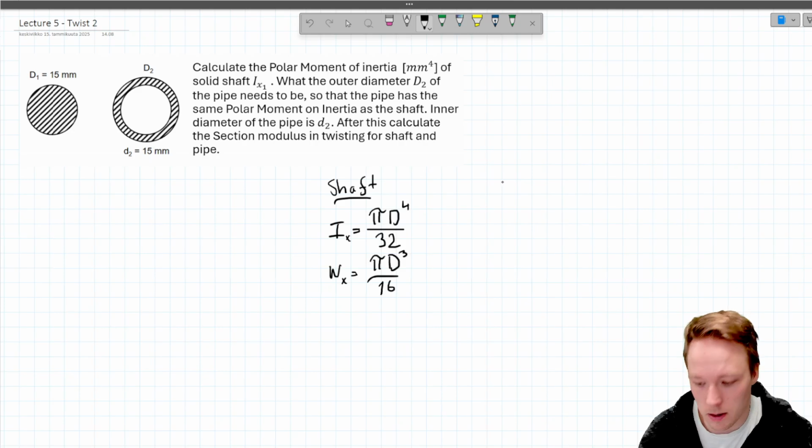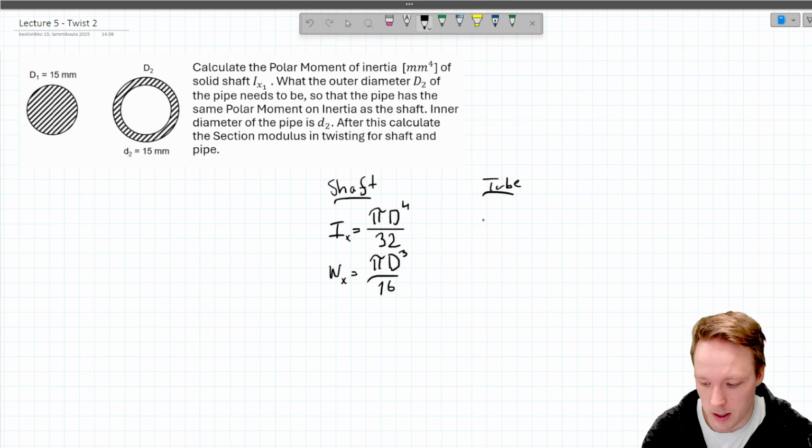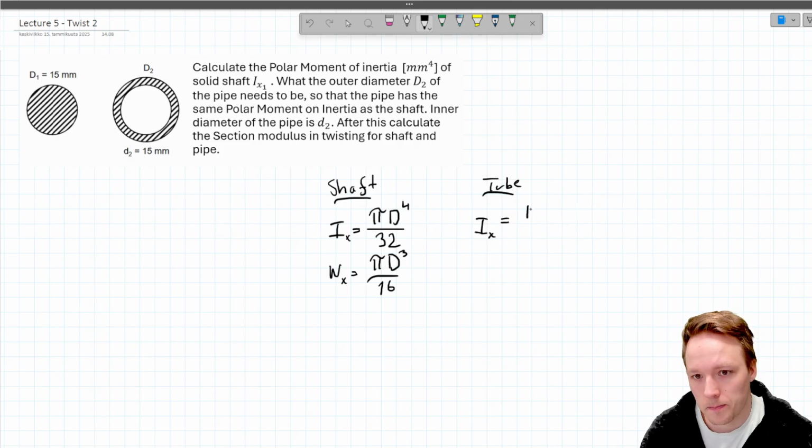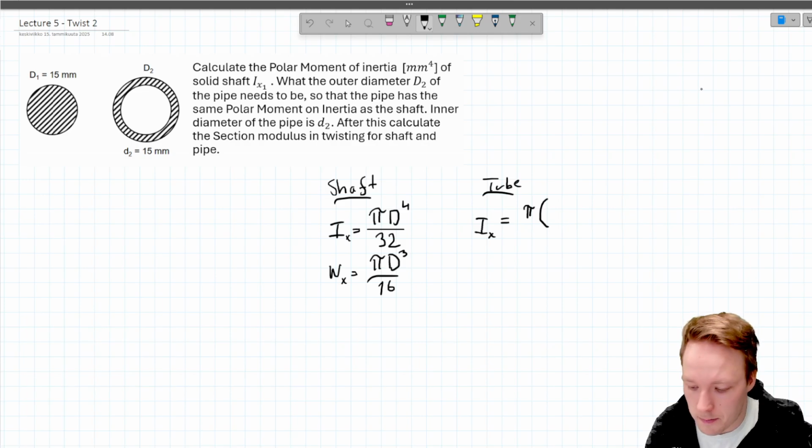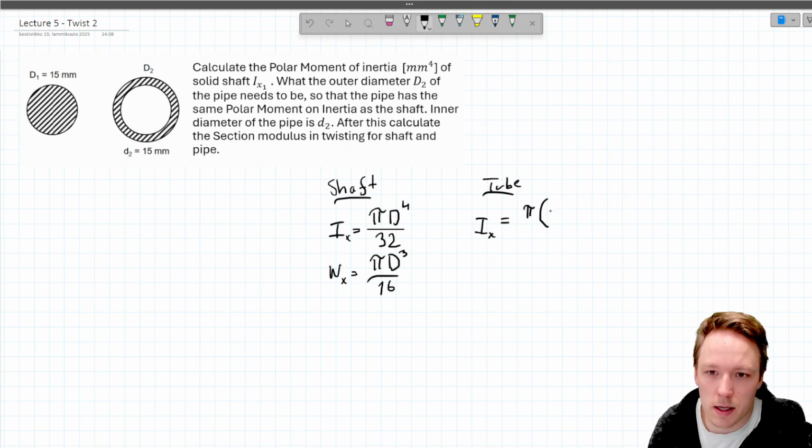For a tube, the Ix is pi times... Now this is a version of this equation from the formula sheets, so you can use this version.